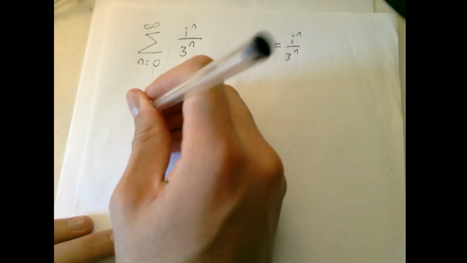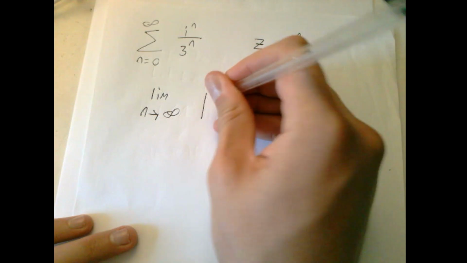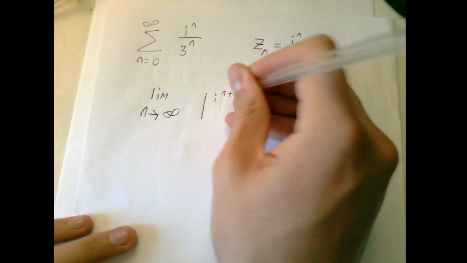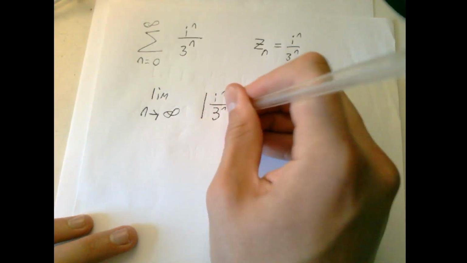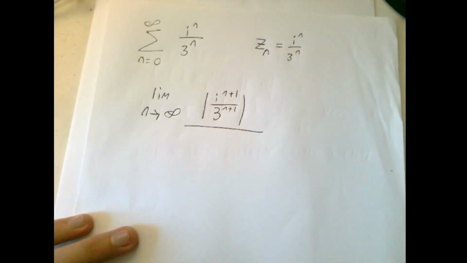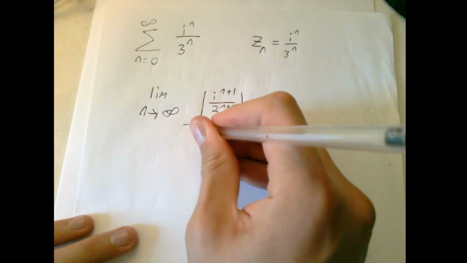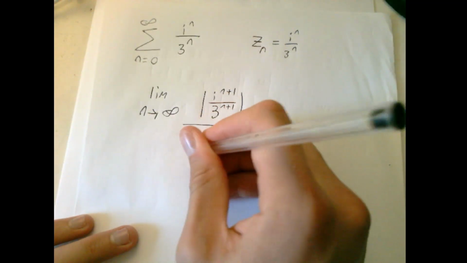We're going to take a look at this infinite series. The ratio test is going to ask us to find the limit as n approaches infinity of the modulus of i^(n+1) over 3^(n+1), divided by i^n over 3^n.